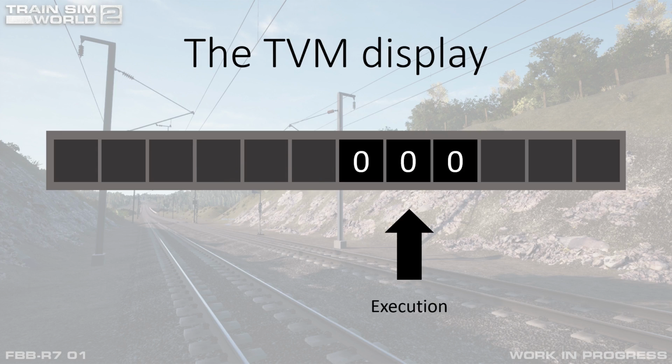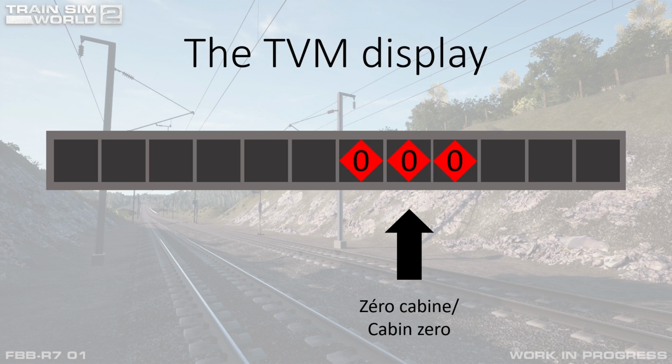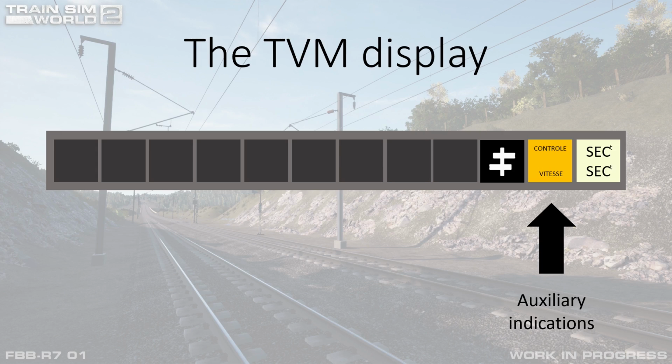In cells 7 to 9 can be black squares with white numbers indicating the execution, the point at which a speed limit applies. There can also be red squares with 0. This is called zero cabine or cabin 0. There can also be simple red squares, and those are rouge cabine or cabin red. And cells 10 to 12 are auxiliary indications. We will review those last.